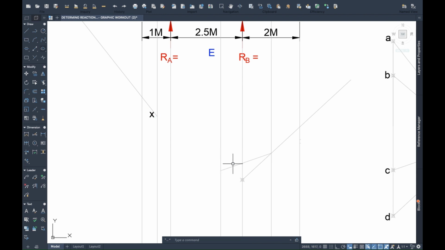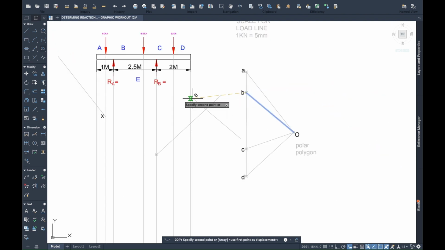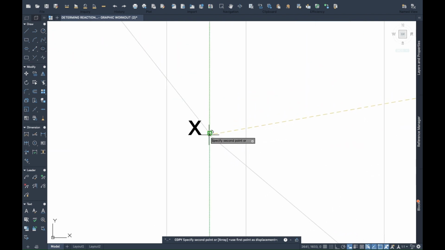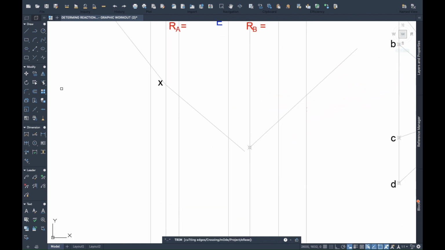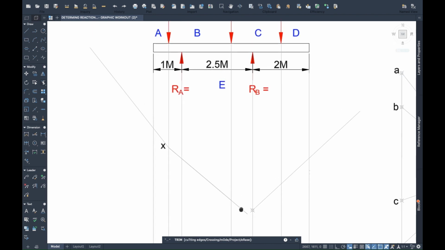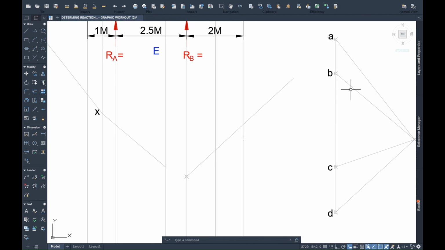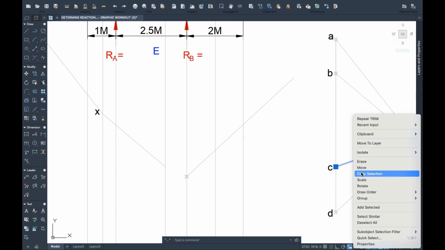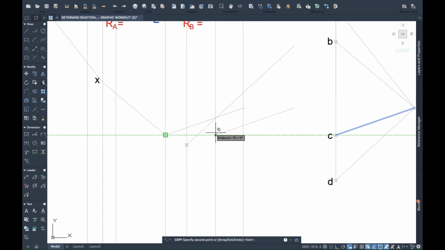So let us quickly do this over. Copy. So we are right there. And BO, CO, right there.